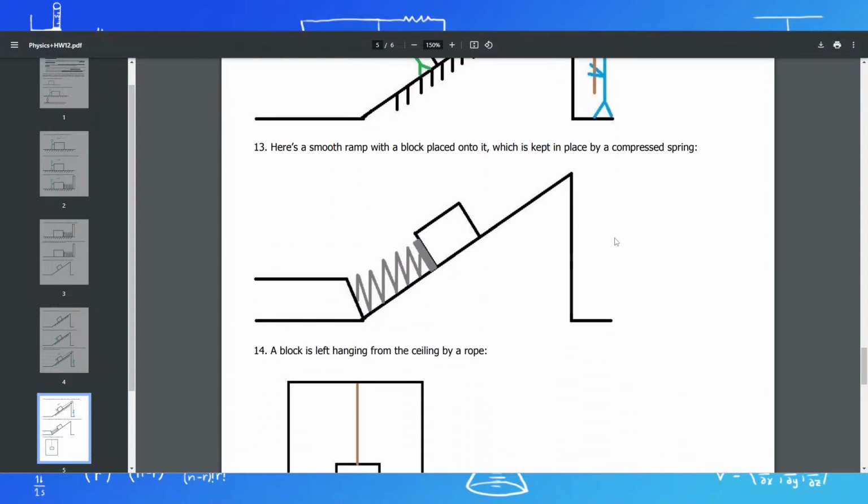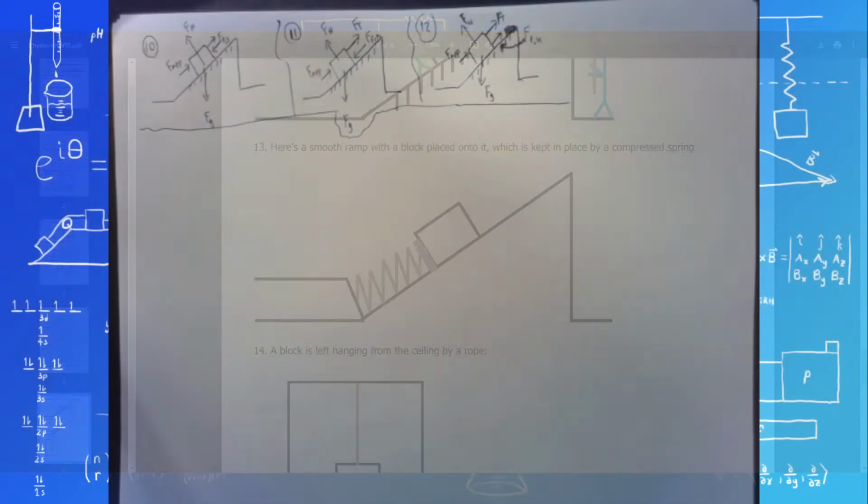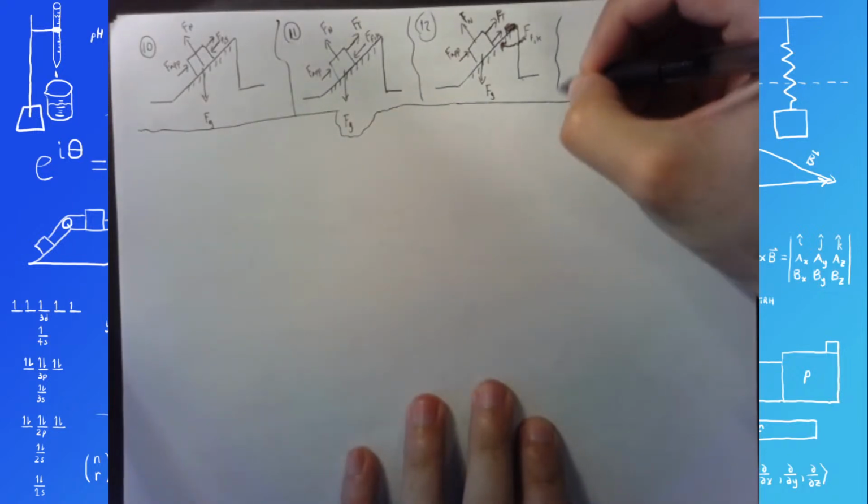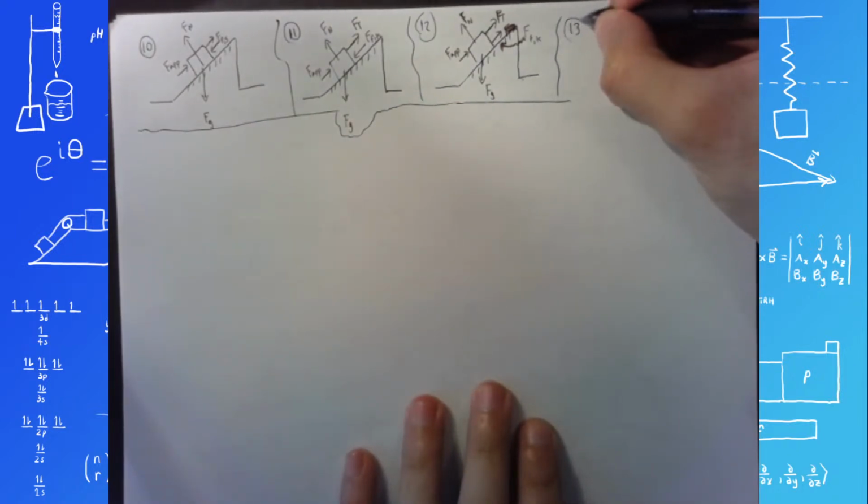Okay, scenario 13. Here's a smooth ramp with a block placed onto it, which is kept in place by a compressed spring.